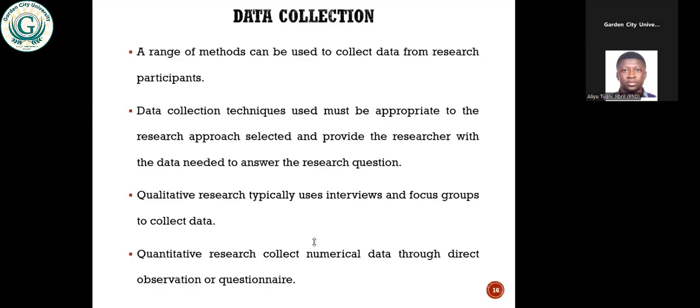Now, when we use the online form, it makes our work much easier because you don't have to carry any paper questionnaire along with you to the field. You can either send the link to your subject to fill, or you can fill the questionnaire directly online.